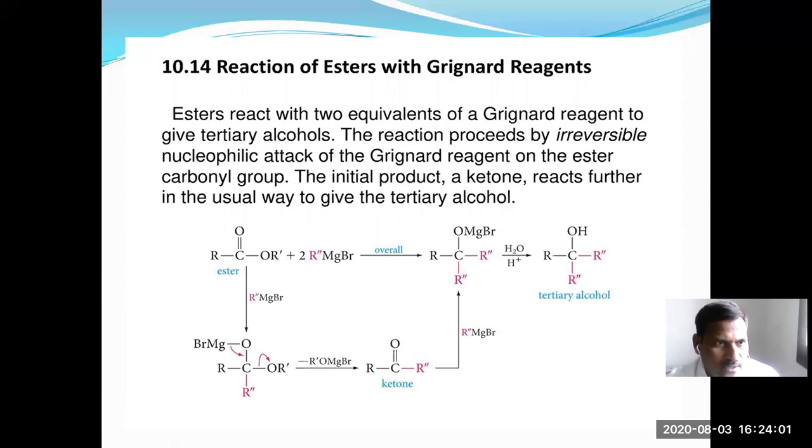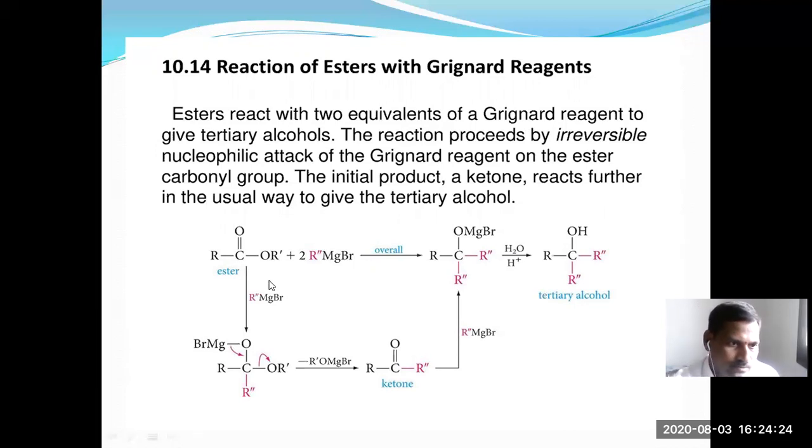The next reaction is the reaction of esters with the Grignard reagent. So ester reacts with 2 moles of Grignard reagent, and we get the tertiary alcohol.